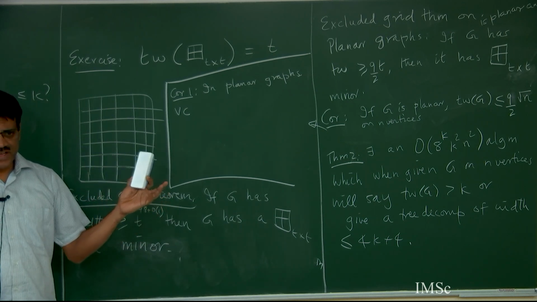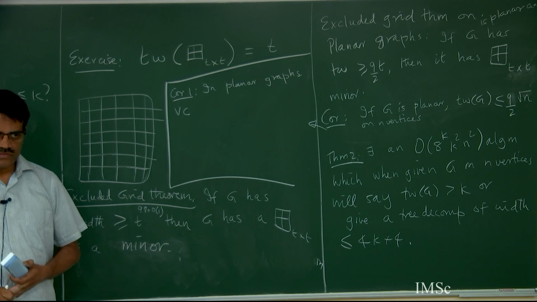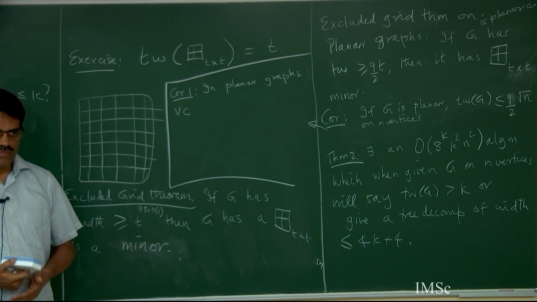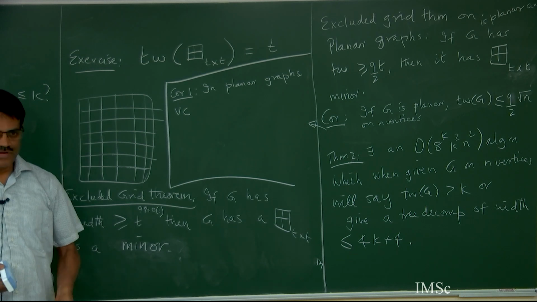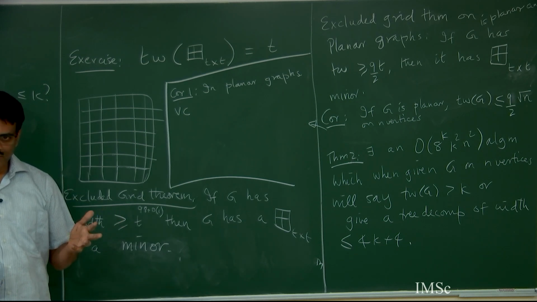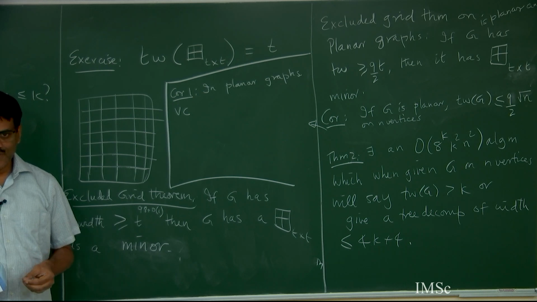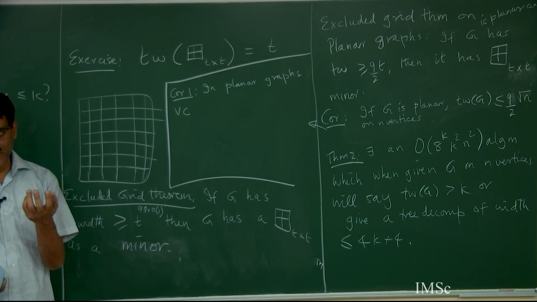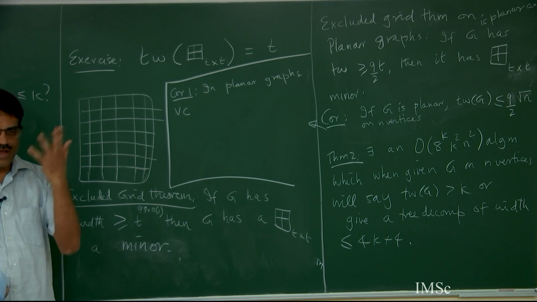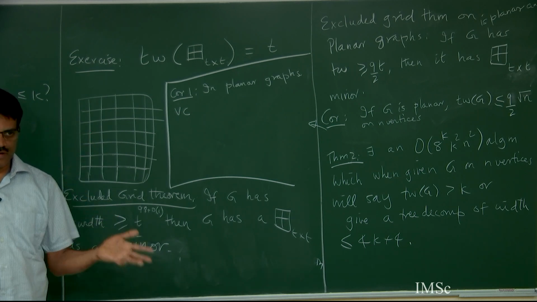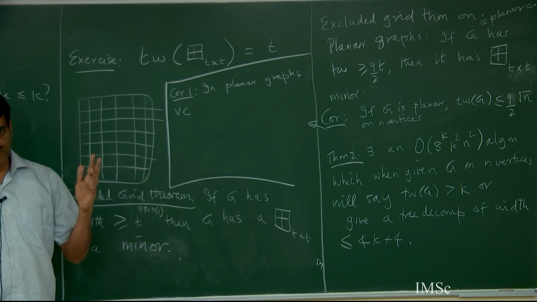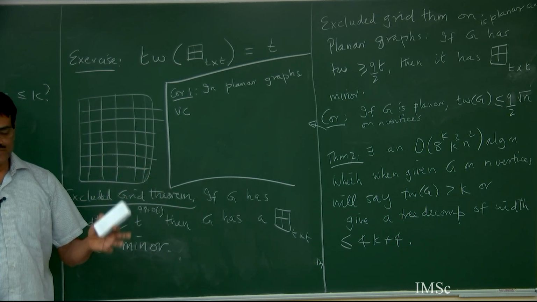How much time does it take in a general graph? 2 power n is easy, but we can do better, right? Yeah, you use any good parameterized algorithm, 1.3 power k, run it from k equal to, so you can do it like 1.3 power n, right? General graph, you can do 1.3 power n, 2 power n.